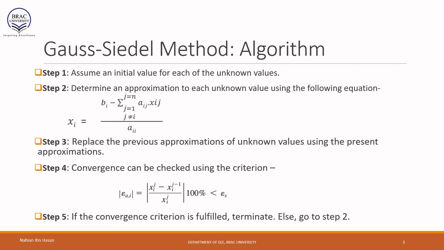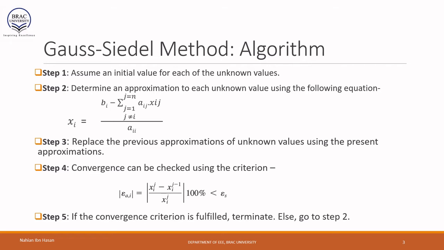Once that approximate error is less than a predefined error, we can stop the iterations, and if not, we go back to step 2 and recalculate the whole procedure. That's how the algorithm works in the Gauss-Seidel method.